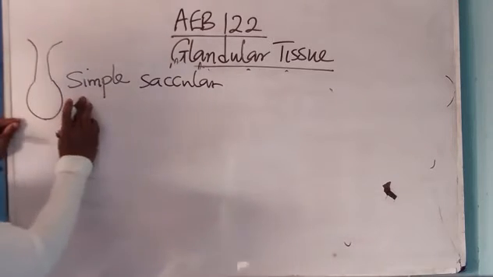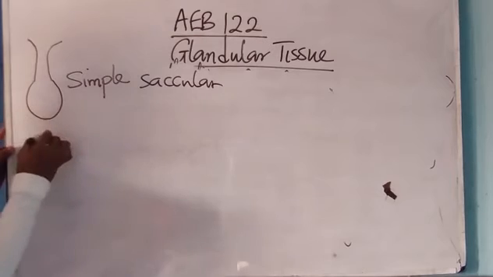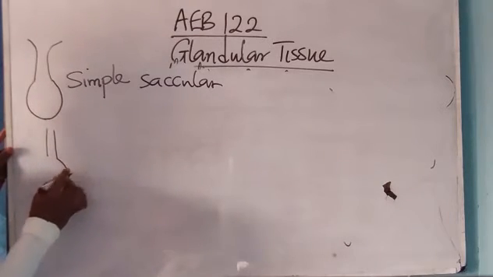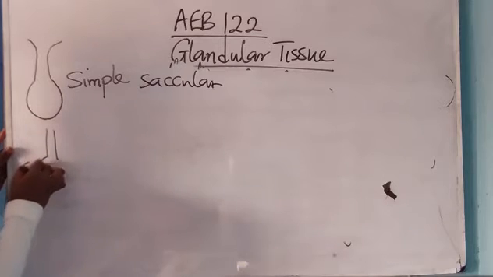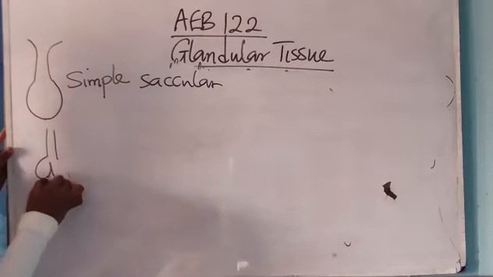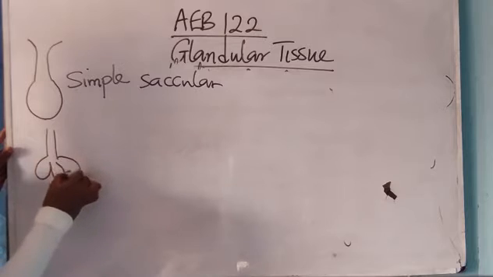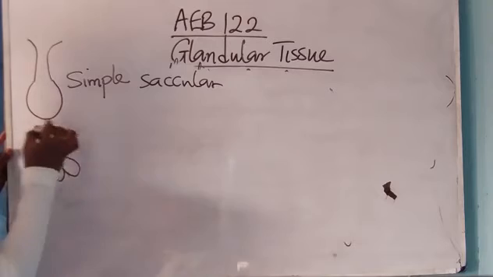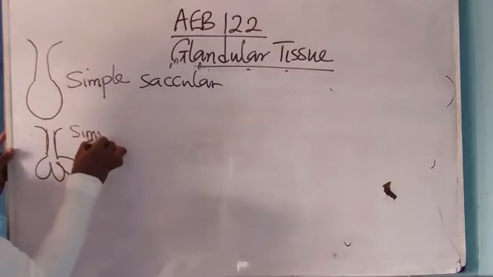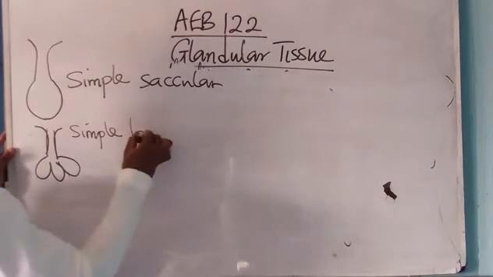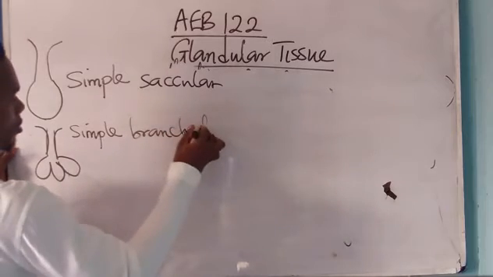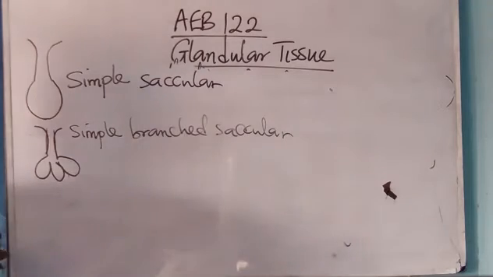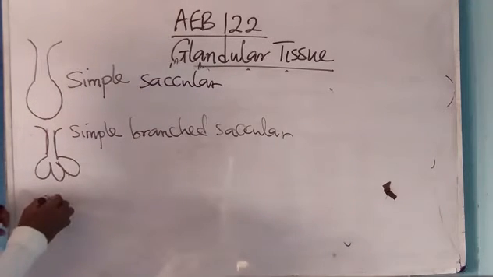It's called simple circular. Now this one that is not like this is simple branched circular.